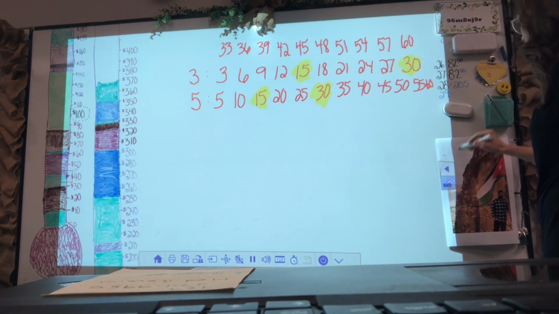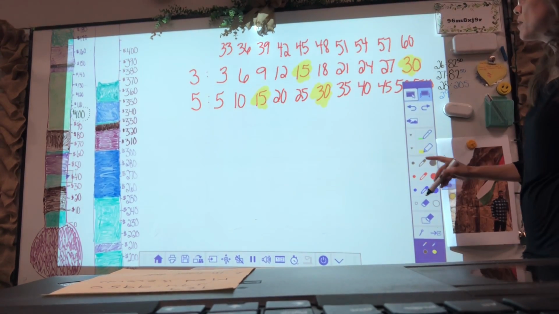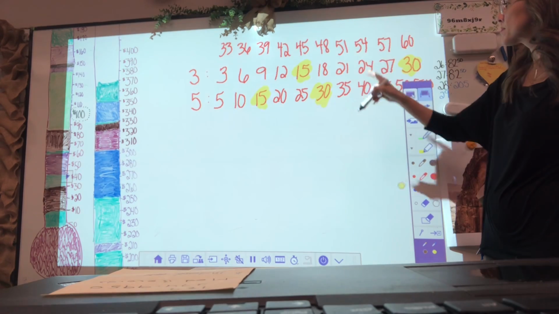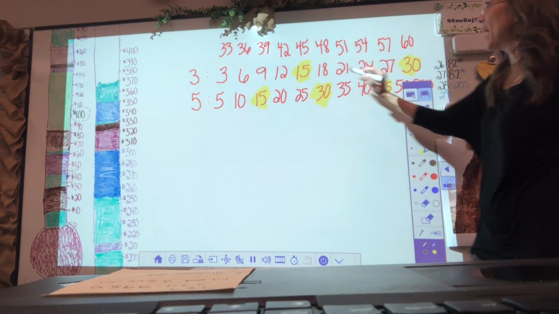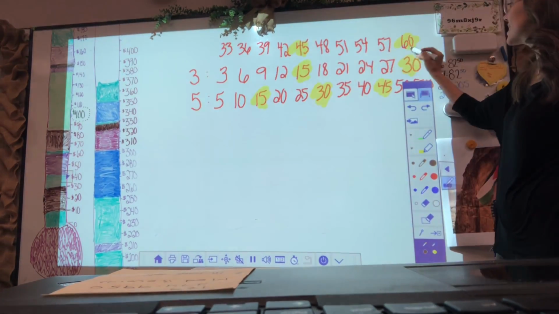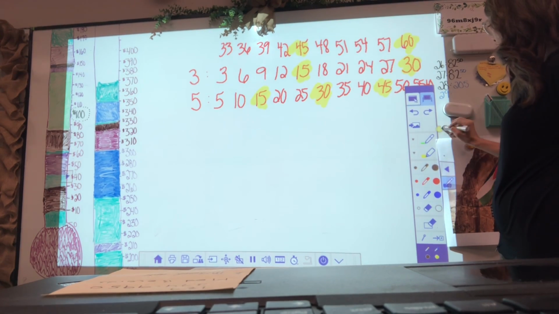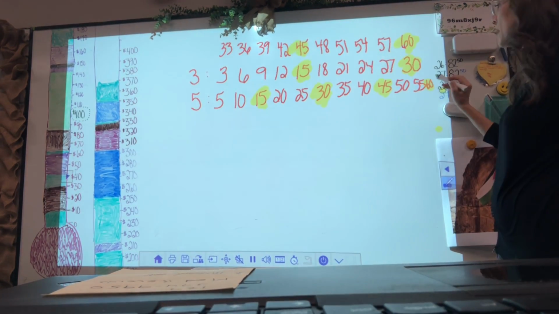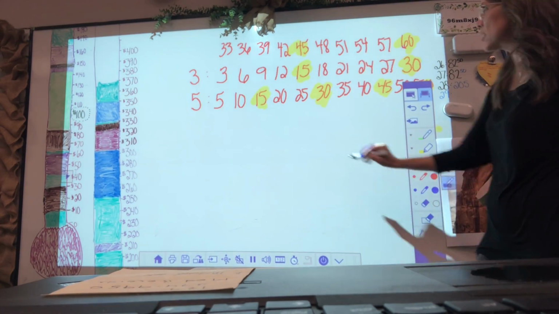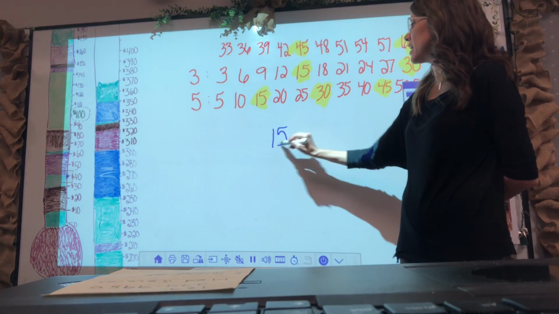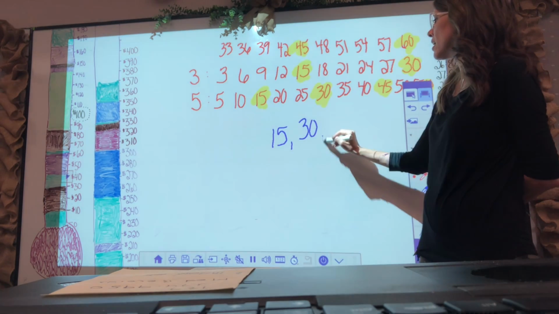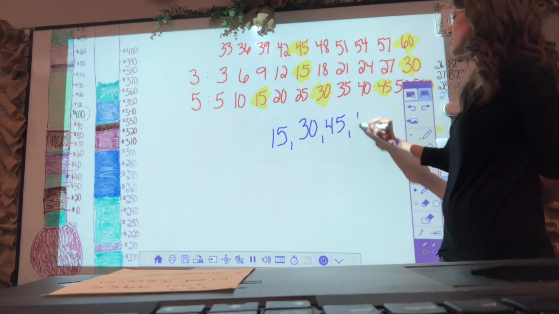Okay, let's stop there and see if we can find more. Do we find any more? Yes, we can: 45 and 60. So what we would do is we would say our common multiples between both of these are 15, 30, 45, and 60.